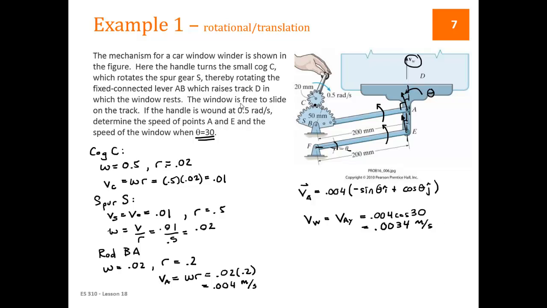So what you see is that we used this V equals omega r over and over again in various forms as we work our way through the various gears and shaft systems. And then we recognize that the window is in the y direction, VA is normal to the radius direction, so it's in the tangential direction. And so we find the y part of that tangential velocity and find our velocity of the window.